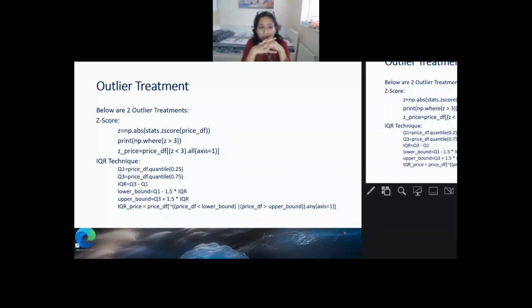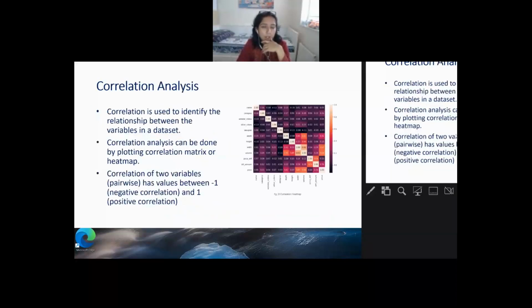IQR techniques also exist for handling outliers. But in a real scenario, we generally drop them. If there are very few, then we drop those rows. But yes, it is important to detect the outliers and to treat them.